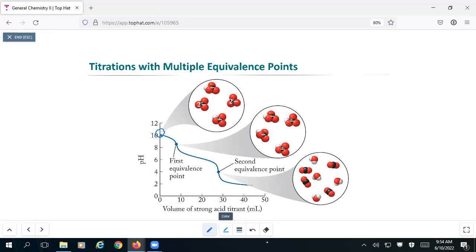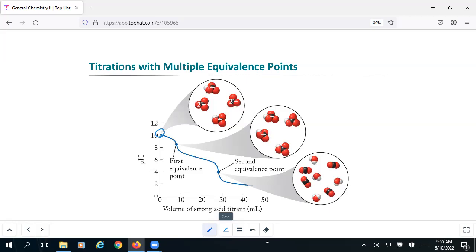And we've got a second equivalence point there after another buffer region. It just generally looks like you took that curve and you just kind of stretched it out and pulled it further. Everything just kind of looks stretched out, like when you take an image and move it way wider than it's supposed to be. Looks a little distorted.